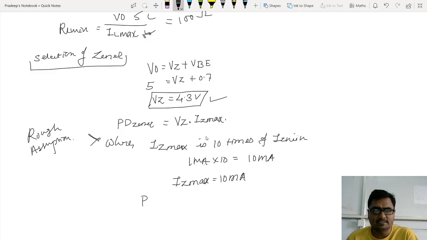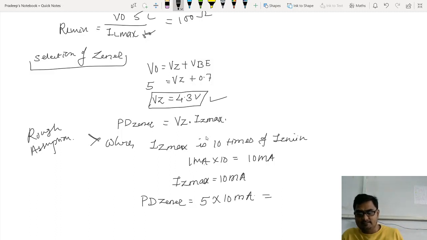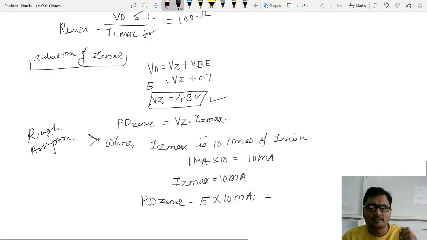Then what about power dissipation? Power dissipation of the Zener will be 5 multiplied by 10 milliamperes. Go for it, calculate the value and write it down. Sorry, VZ is not 5, just check VZ. VZ is 4.3, oh sorry, it is 4.3.